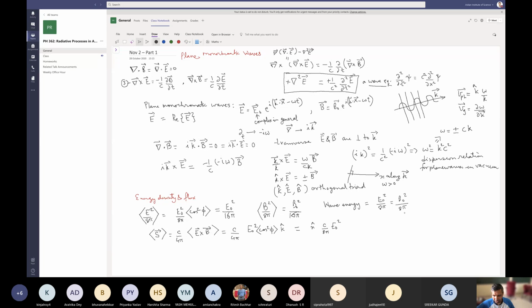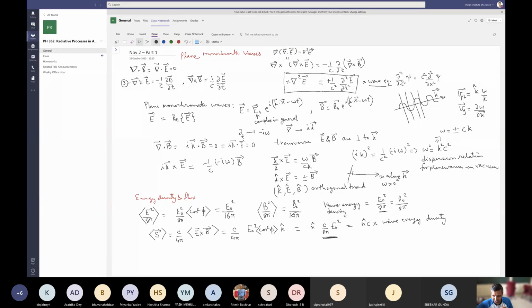Looking at the wave energy and this flux, the flux is N hat times C times the wave energy density. This is energy per unit volume, because E squared by 8 pi is the energy stored in the field per unit volume.